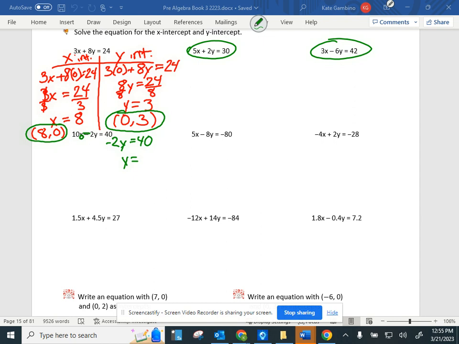For these equations, is adding and subtracting basically just the same steps? I don't know what you mean. Which one do you want me to look at? Like the way it's just like a subtraction problem? This one? Yeah. All right, let's do this one together. So first we'll do the x-intercept. So 3 times x minus 6 times 0 equals 42, right?